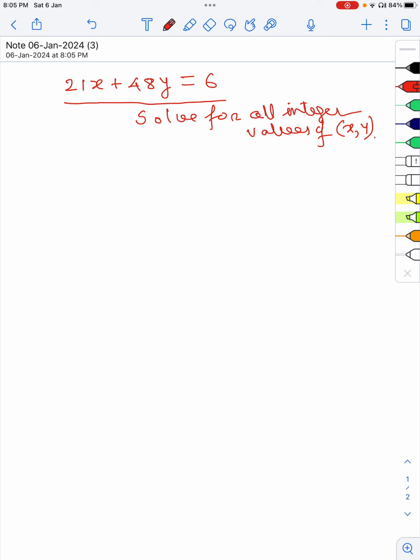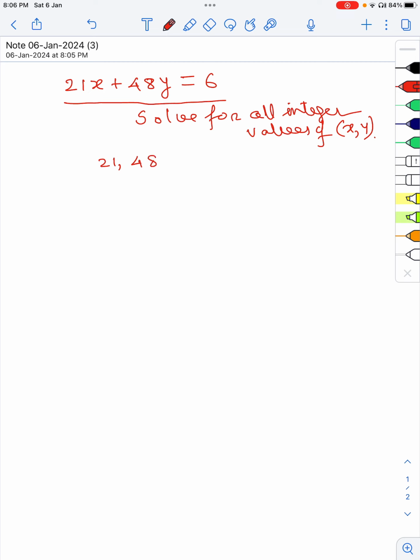We have already solved some Diophantine equations before this class, and this type is to some extent new, because if you observe this equation, you will find that the coefficients of x and y, that is 21 and 48, have a common divisor, that is 3, isn't it?